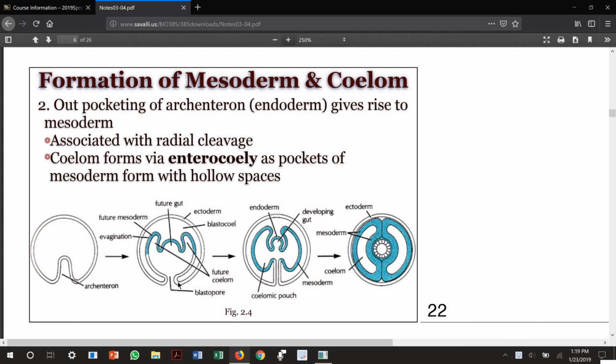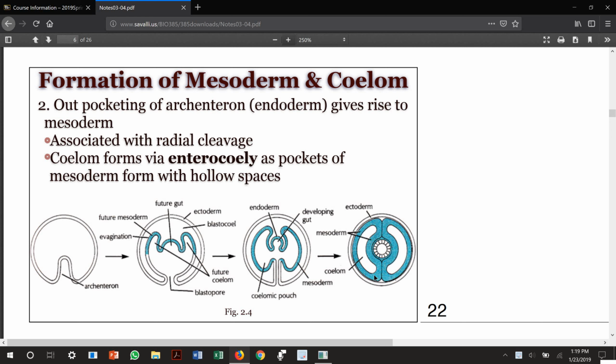And these outpocketings of the gut expand and then separate themselves from the gut so that they become separate. So they basically fuse together here. So the gut is completely lined. And then this tissue here and here forms the mesoderm. And the space inside of that that's trapped in here in the coelomic pouch, which used to be connected to the gut, the archenteron, then becomes the coelom.